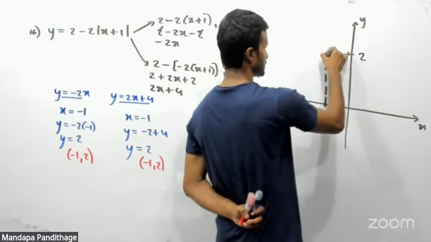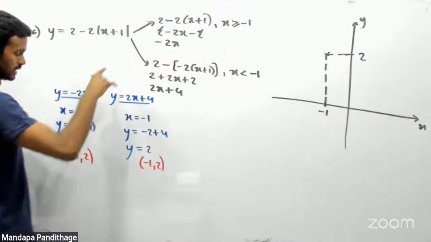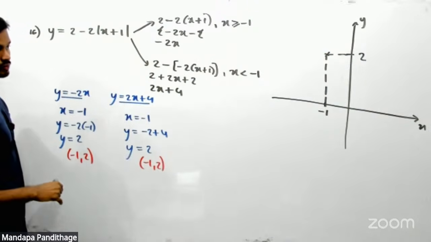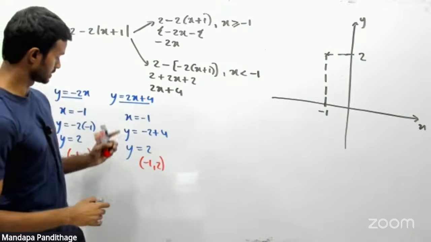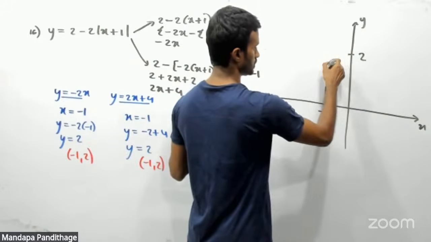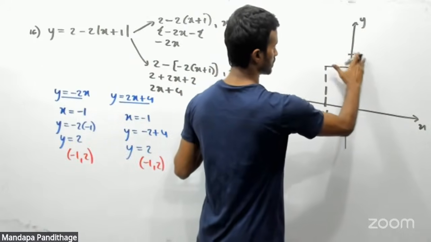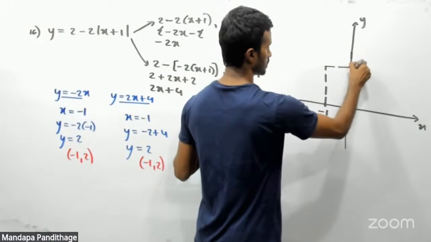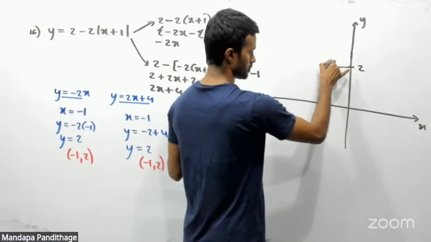Going through this point, what is the first one? When x is greater than minus 1, we have minus 2x. When it is minus 2x, the intercept is 0, so it's going through the origin. So let's draw.